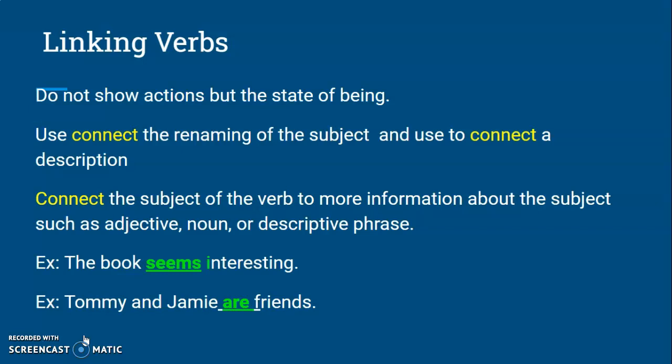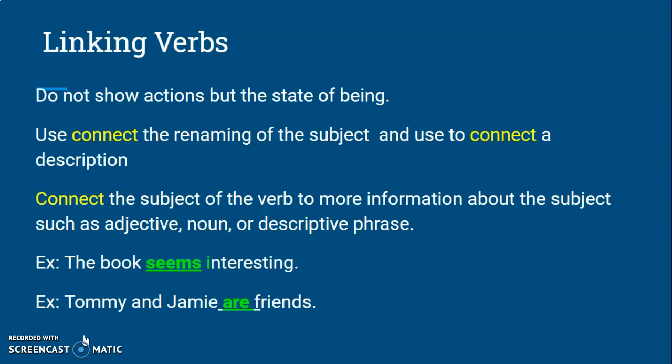So, in other words, we're connecting another name for the subject and we're connecting another description of the subject. They also connect the subject of the verb to more information, which is the renaming, which is the description about the subject, such as adjectives, nouns, and descriptive phrases.